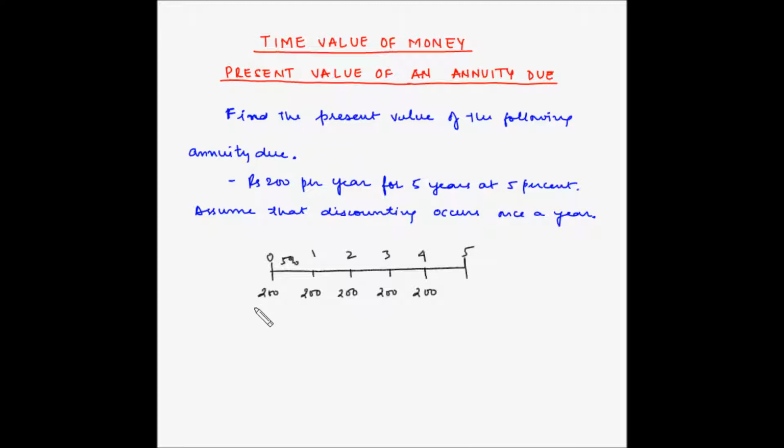So now we have to find out what should be the present value of this annuity. What this means is we have to find out the amount of investment that should be made today in order to be able to withdraw 200 rupees at the beginning of every year for the next 5 years.